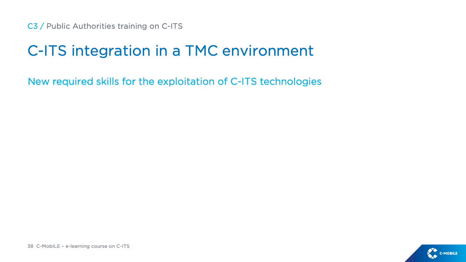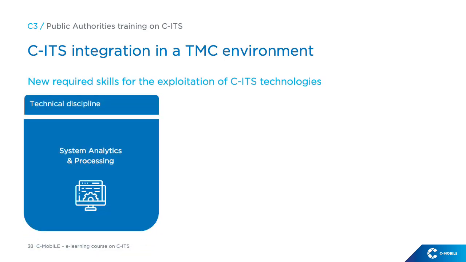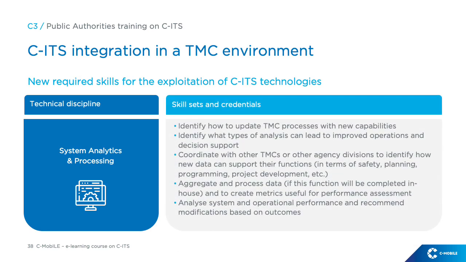When it comes to systems analytics and processing, the new skill sets and credentials include the identification of how to update traffic management centre processes with new capabilities, the identification of what types of analysis can lead to improved operations and decision support, the understanding of how to coordinate with other traffic management centres or other agency divisions, and identify how new data can support their functions in terms of safety, planning, programming, project development, etc. The ability to aggregate and process data and to create metrics useful for performance assessment.